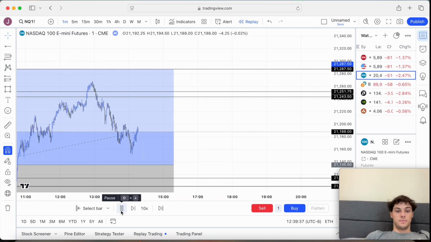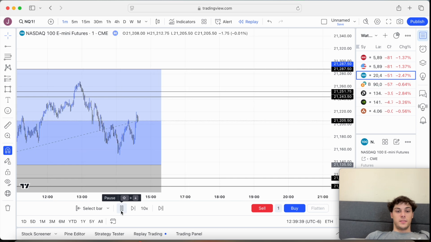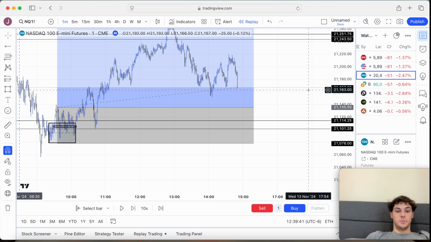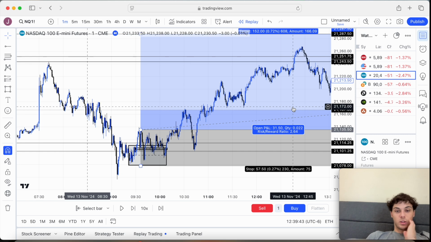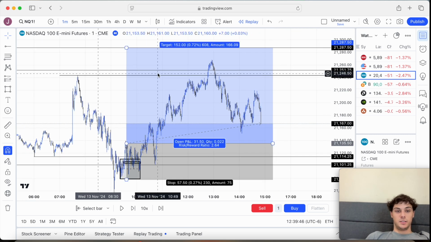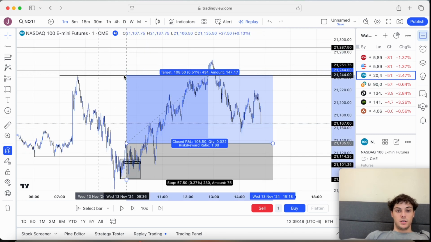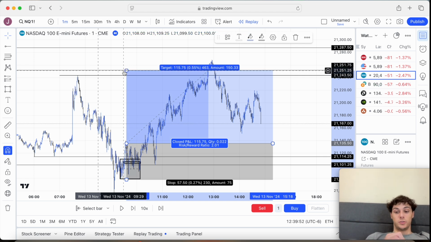Boom, boom, boom. But yeah, that would have been our trade. TP3 did not get hit before market closed, but as you can see, we have a 1.89 risk to reward and then a 2.01 just from buy side and sell side.